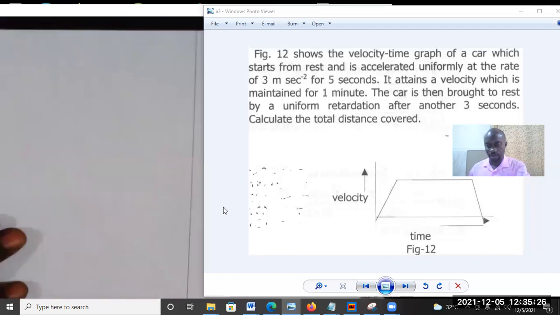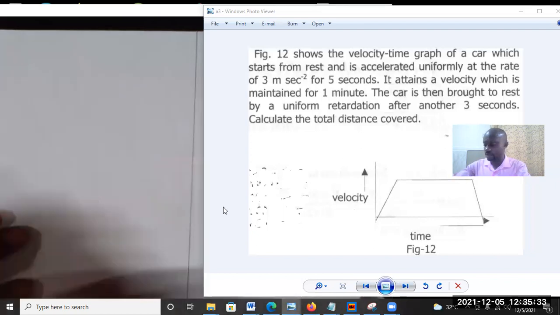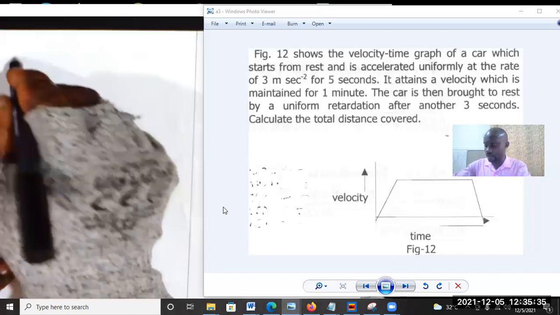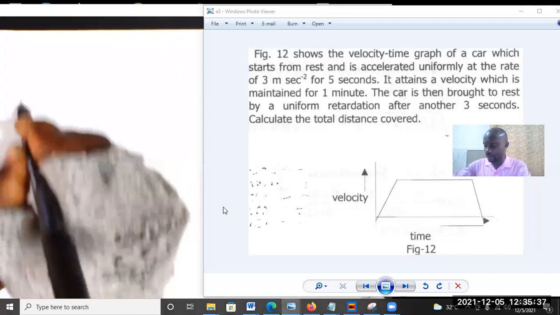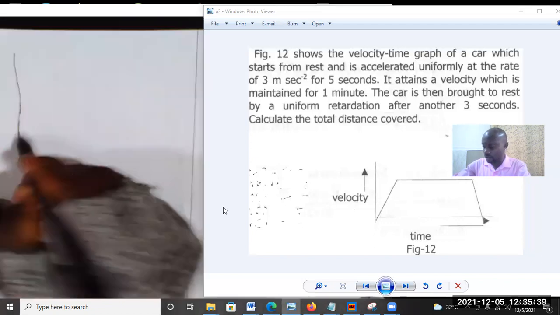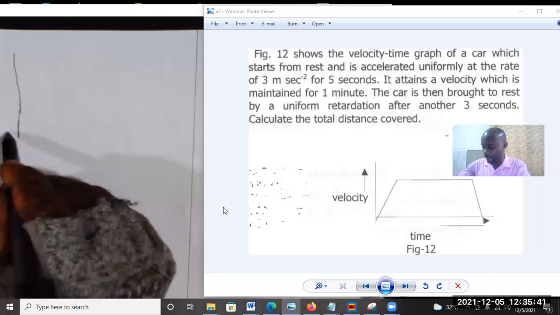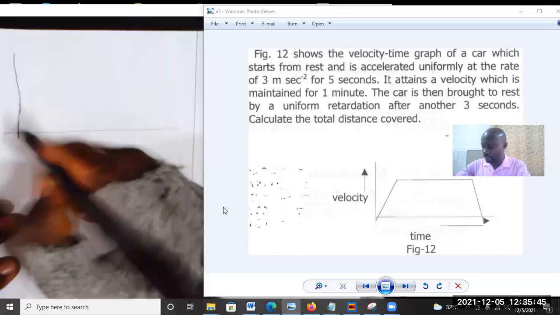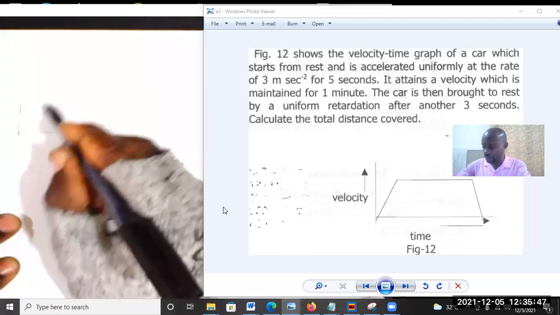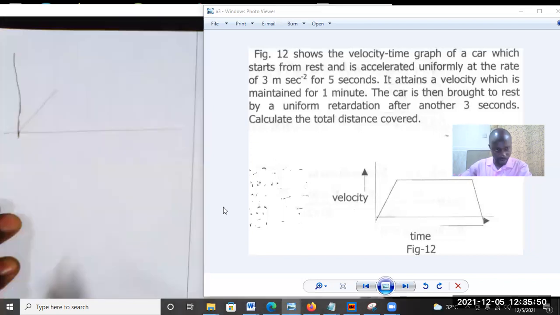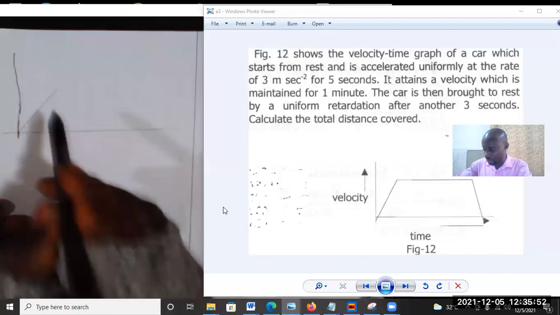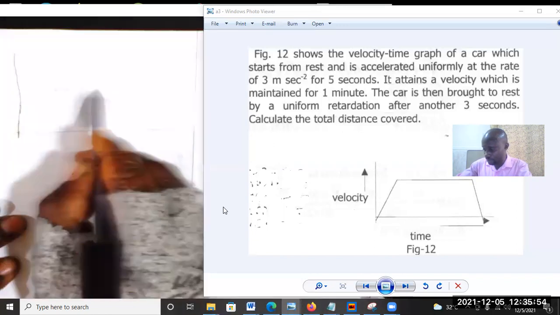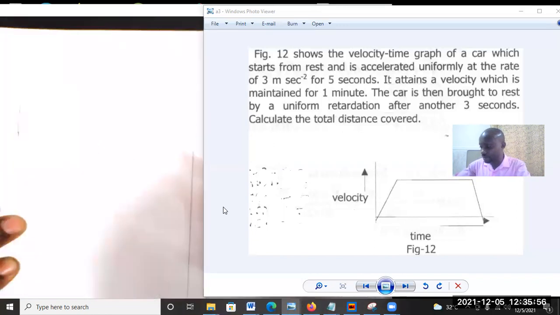In this question, I'm going to sketch the velocity time graph and input all the data. Here we have this axis here to represent the velocity. Then the diagram, that represents the slope, the acceleration, and then we have the horizontal line represent the constant or steady speed.